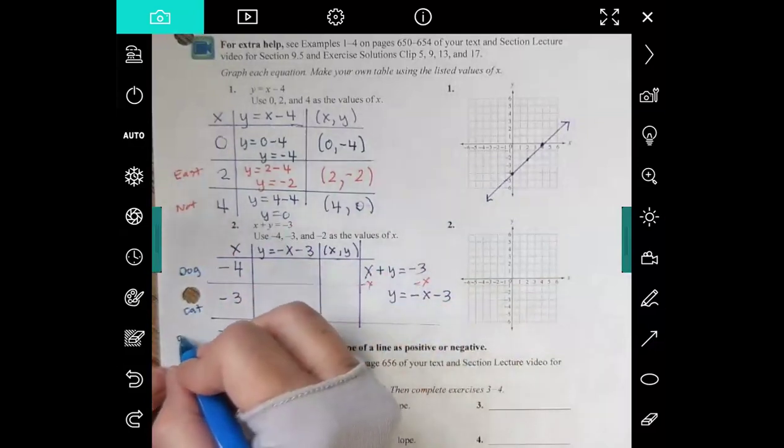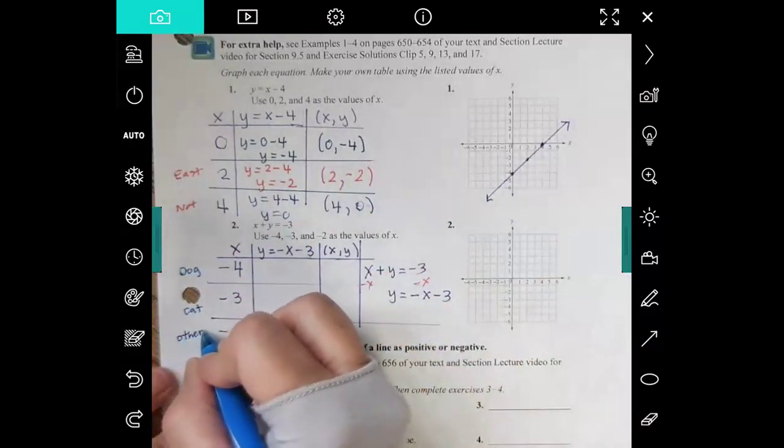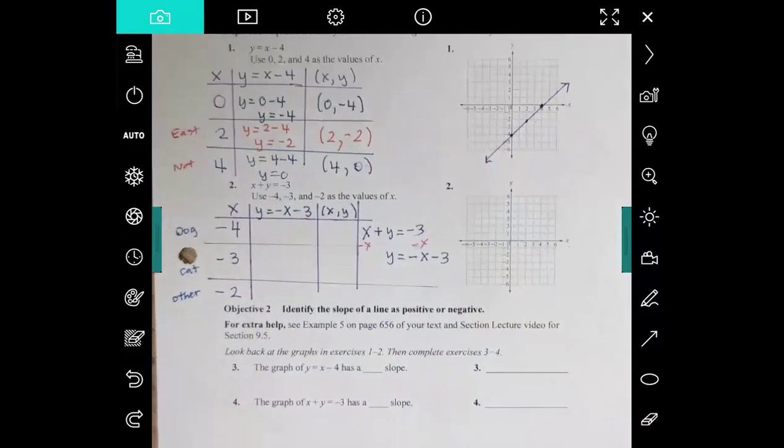And if you have anything else as a pet, do this one. Okay. Now, what if you have a cat and a dog? Then you have to do both of them. If you have all three, you have to do all three of them. So get to work, right? Sasha. What do I do if I don't have any pets? Let's call you another. Another.